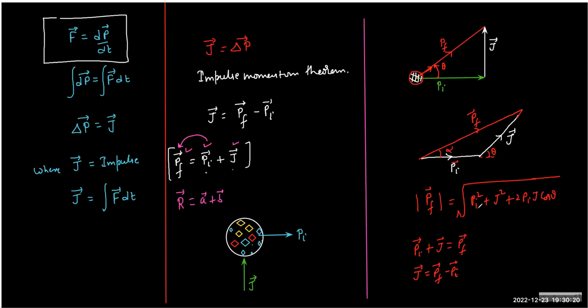What is the formula for the difference of two vectors? PI square plus PF square minus 2 PI PF cos alpha. Why? Because the angle between them is alpha, right? So when we take the difference, the answer becomes minus 2 cos alpha. Are you getting it? Why are we getting this answer?